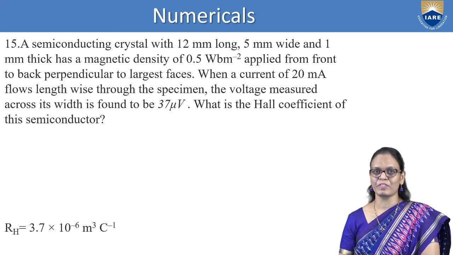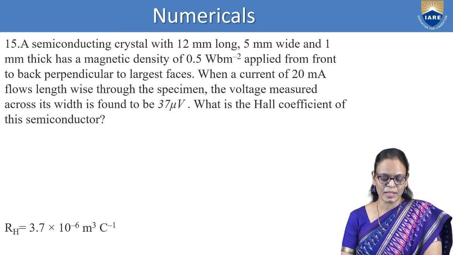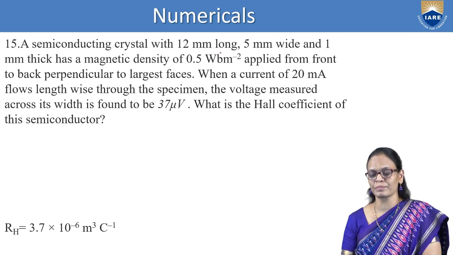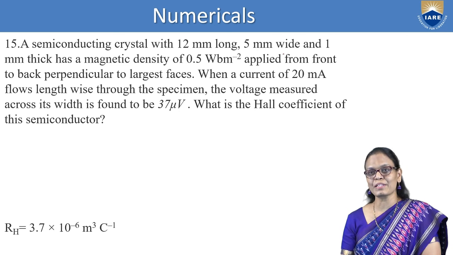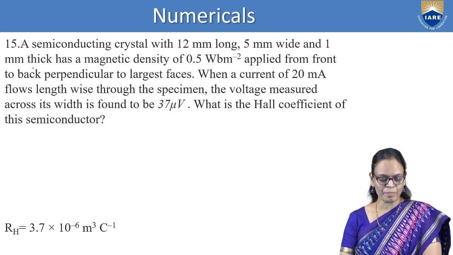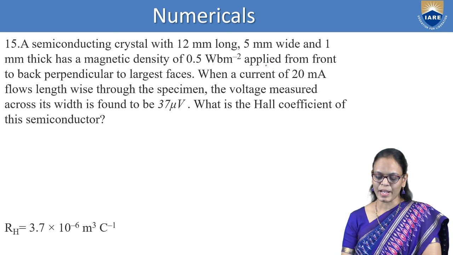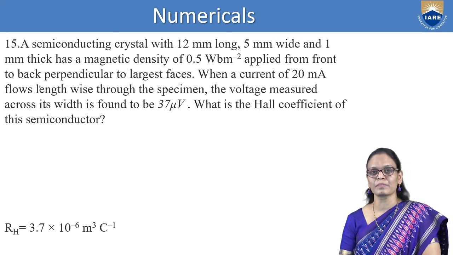One more numerical we will do. A semiconducting crystal 12 millimeter long, 5 millimeter wide and 1 millimeter thick has a magnetic flux density of 0.5 Weber per meter square applied from front to back, perpendicular to the largest faces.